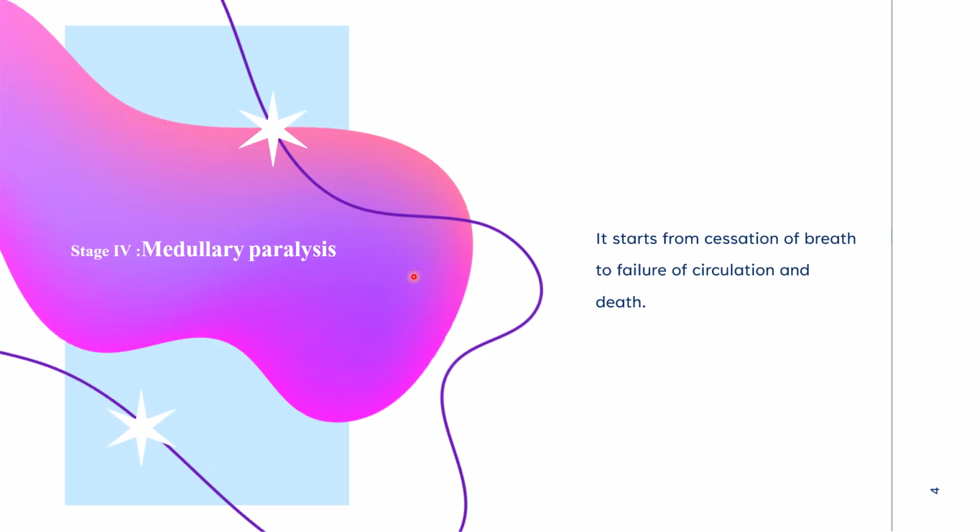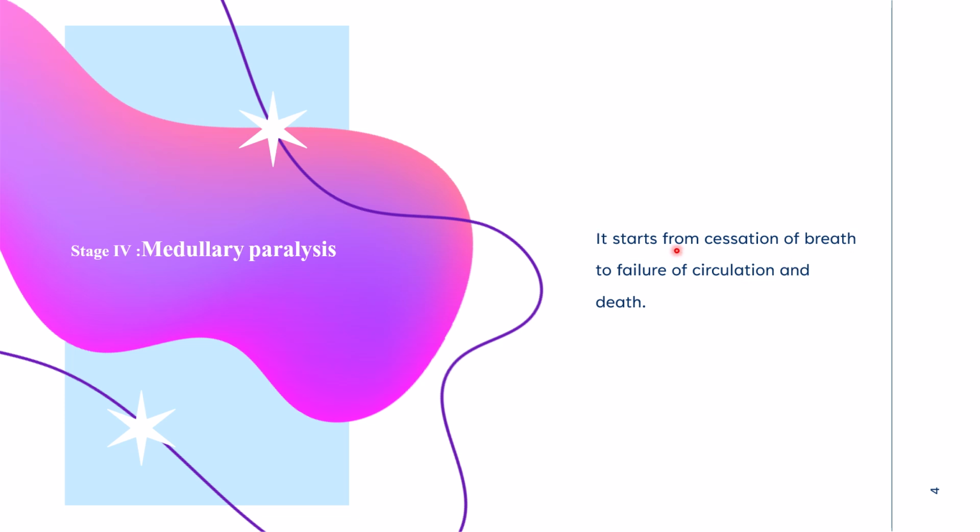The last one is stage 4, or medullary paralysis. This is with an even higher concentration of general anesthetics, but it is not the preferred stage for performing surgery. If you increase the dose, it results in circulatory failure.